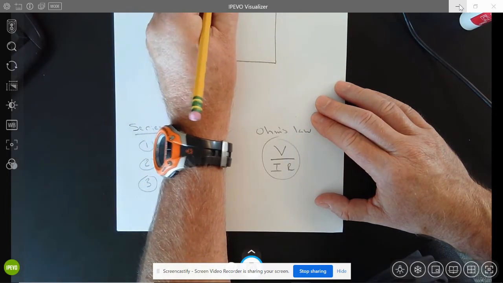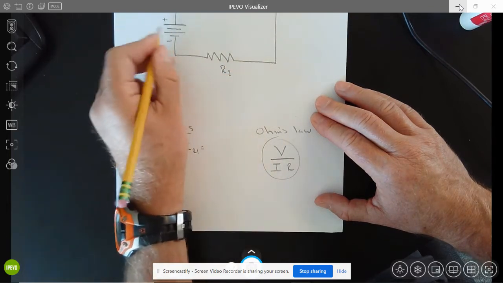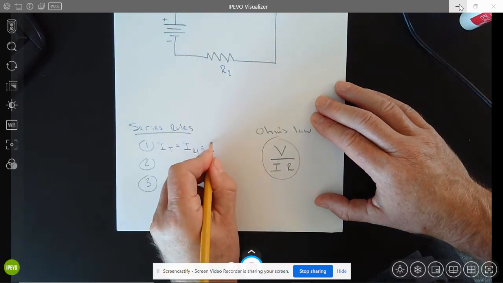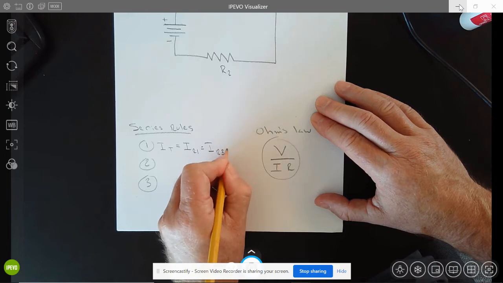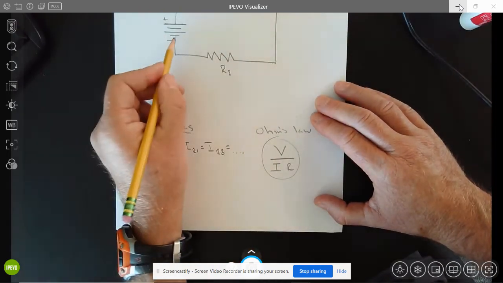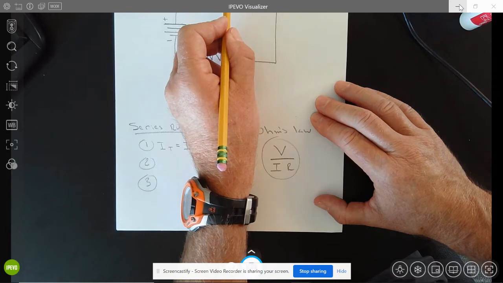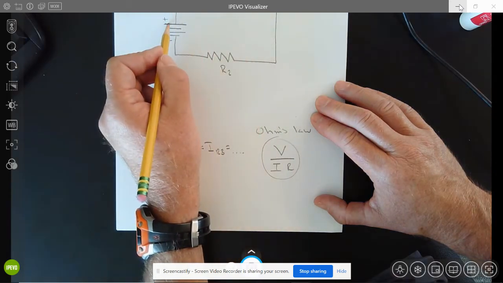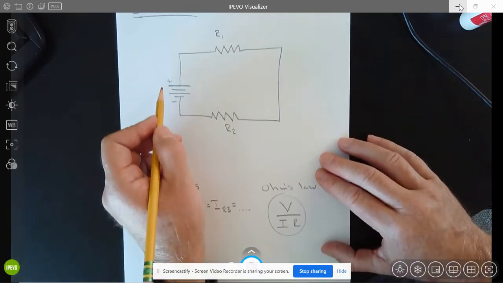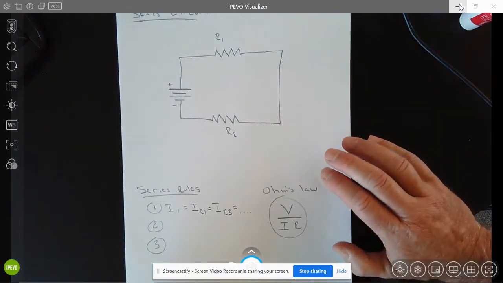We'll put R1 right here, R2, and then this is all total, equals I_R3, equals however many I have. Basically, whatever current comes out of the battery has to go through here, so they have to be equal, have to go through here, they have to be equal, and have to go back into the battery. So all of the currents are the same.